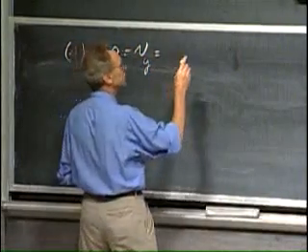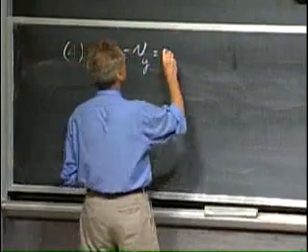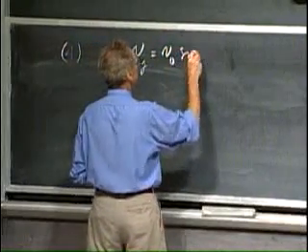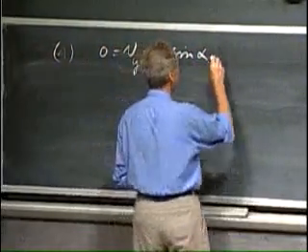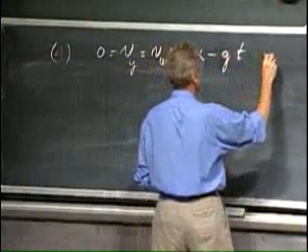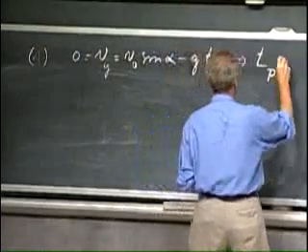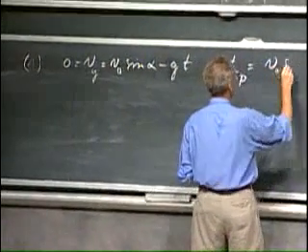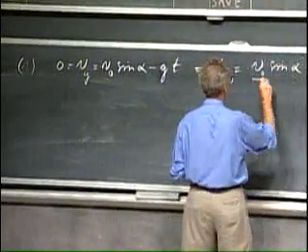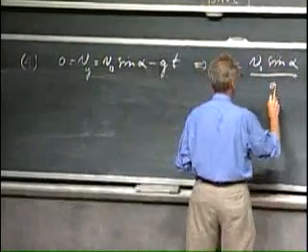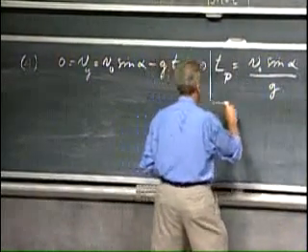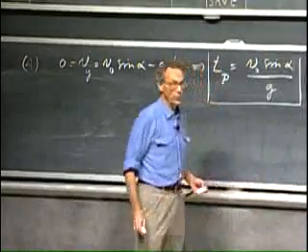That then becomes v0y, which is v0 sine alpha, minus g t, and out pops that t at point P is going to be v0 sine alpha divided by g. So that's the time that it takes for the object to reach the highest point.